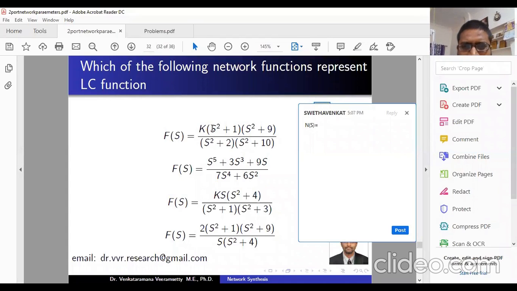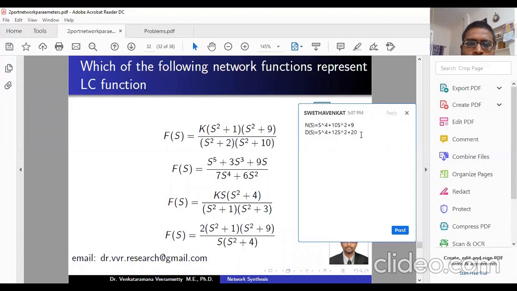Let us assume k is a constant, keep it aside. s square into s square, that's s power 4, plus 9s square plus 1s square, that's 10s square, plus 9, 9 into 1. Similarly, the denominator is s to the power of 4 plus 12s square plus 20. So this is the numerator and this is the denominator.